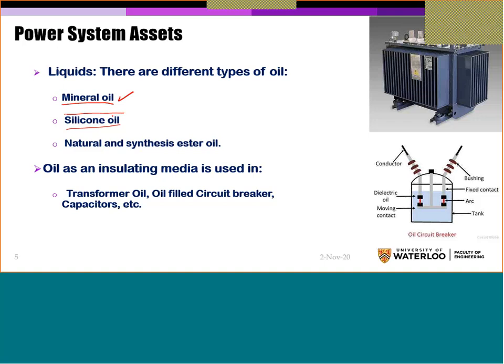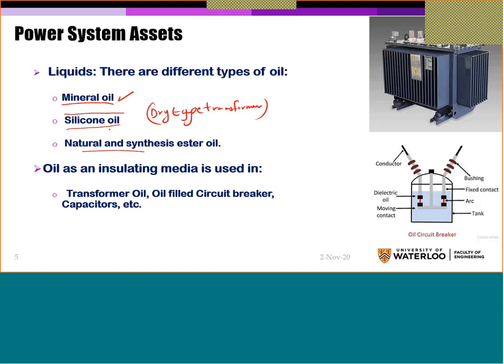So we use silicon-filled transformers, or sometimes what we call dry type transformers, which don't have any liquid. We use them especially for those places. So either silicon-filled oil or dry type transformers are much more expensive than mineral oil.